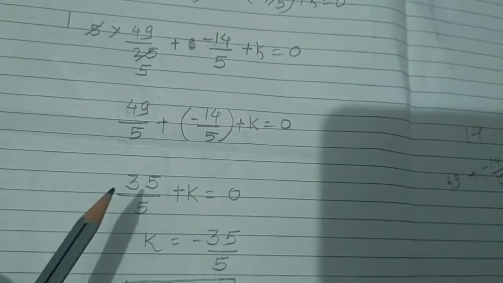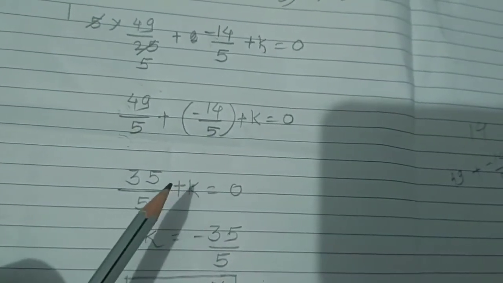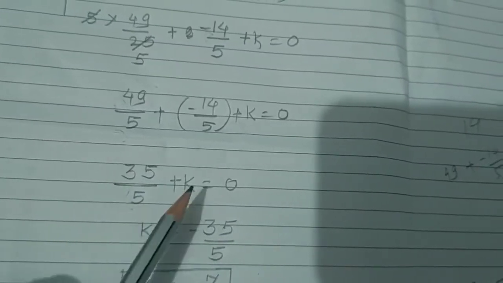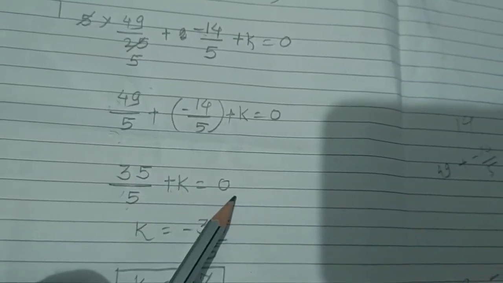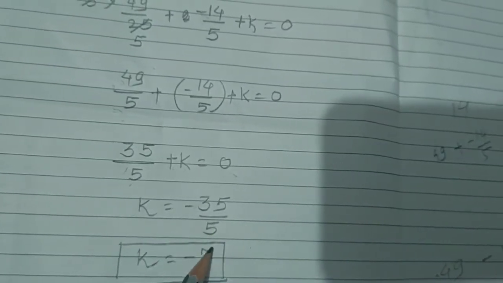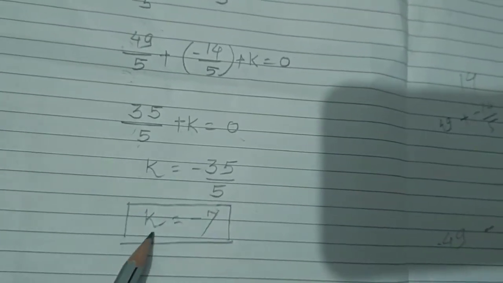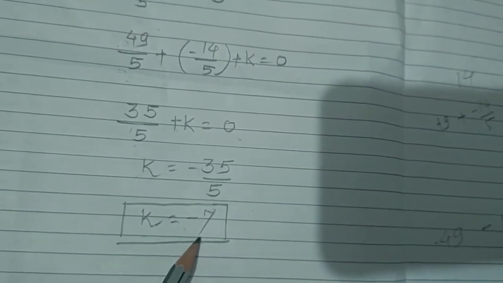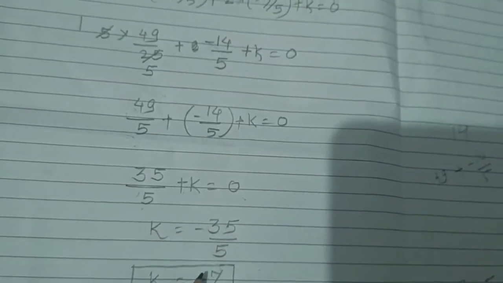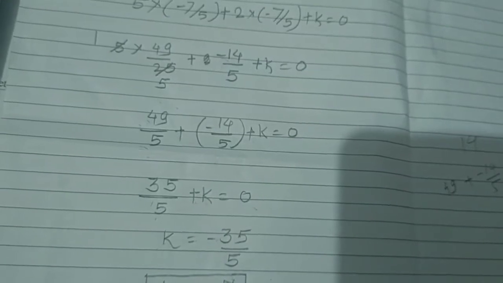Here 49 minus 14 we get 35. 35 upon 5 plus k is equal to 0. We get k is equal to minus 35 upon 5, and the answer is minus 7. When we put the value k is equal to minus 7 in that equation, the left hand side of the equation is equal to the right hand side of the equation.